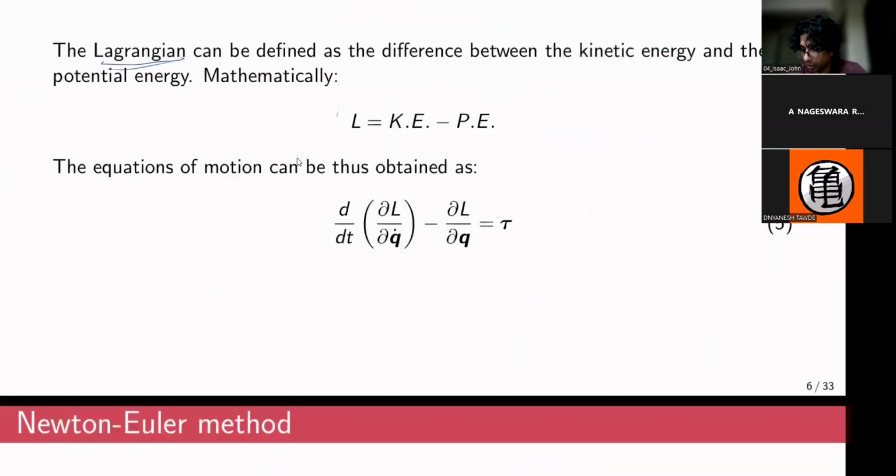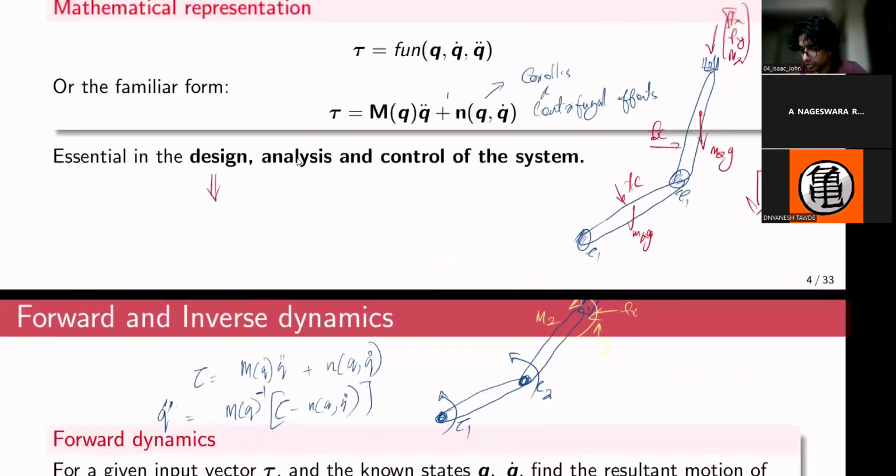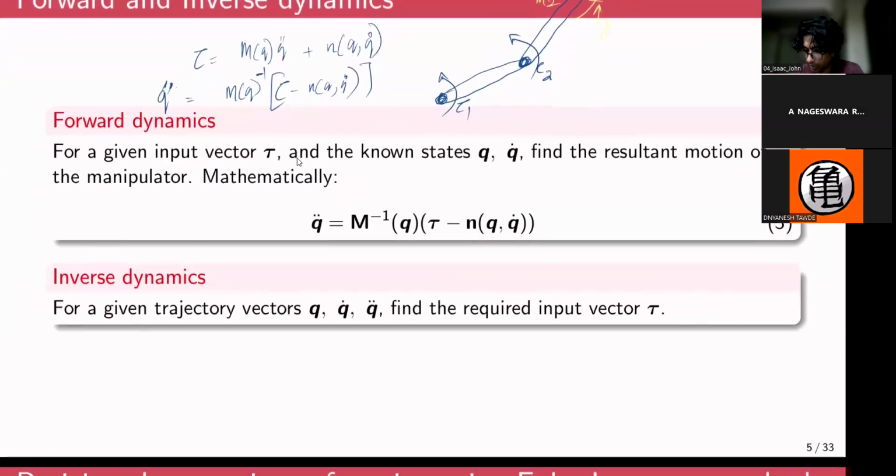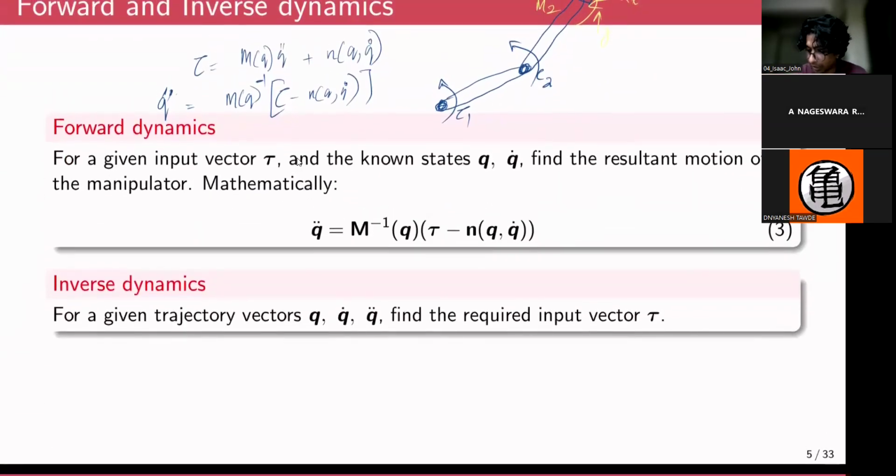Because if you go back to this equation, the generalized expression, tau would be M of q multiplied by q double dot plus N of q, q dot. These vectors would consist of positions, velocities, and accelerations, right?